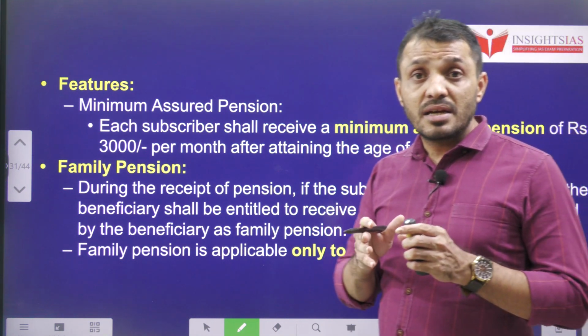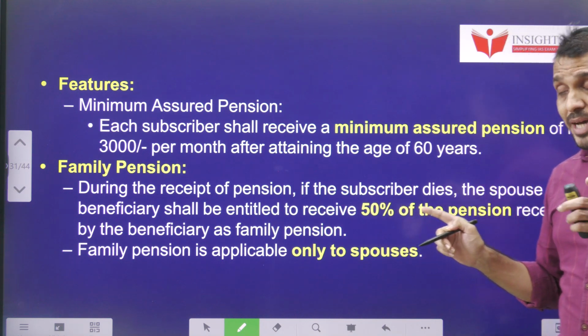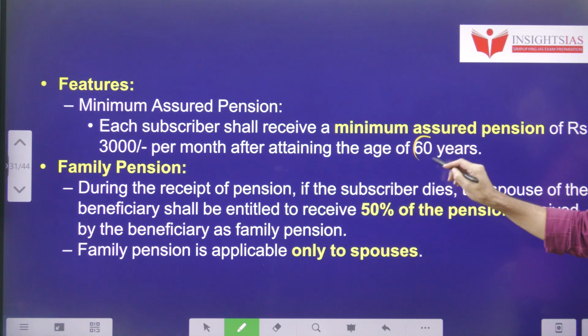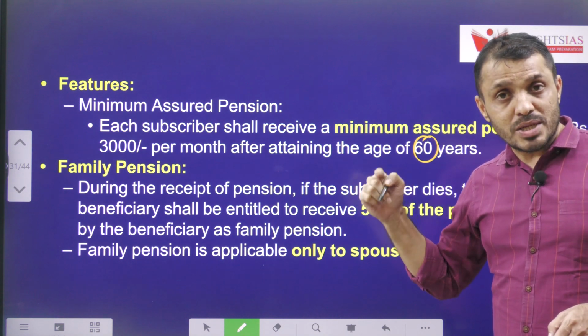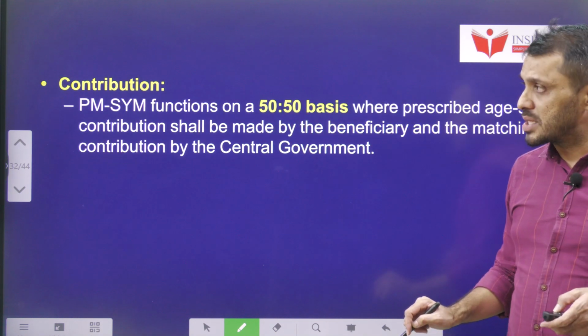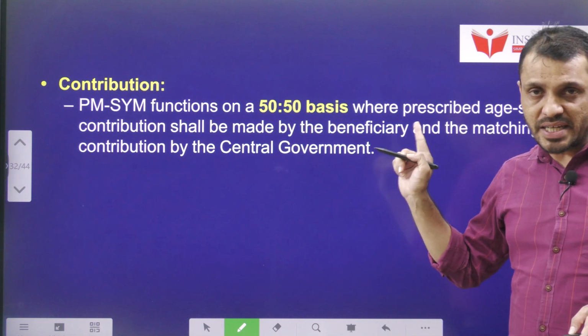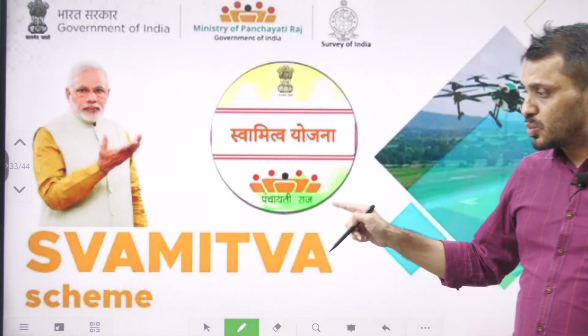So these are the criteria for the beneficiaries. Features: a minimum assured pension of 3000 rupees after attaining the age of 60 years. Meanwhile, if the policy holder dies, 50% of the pension will be given to the spouse of the policy holder. Contributions I already explained.